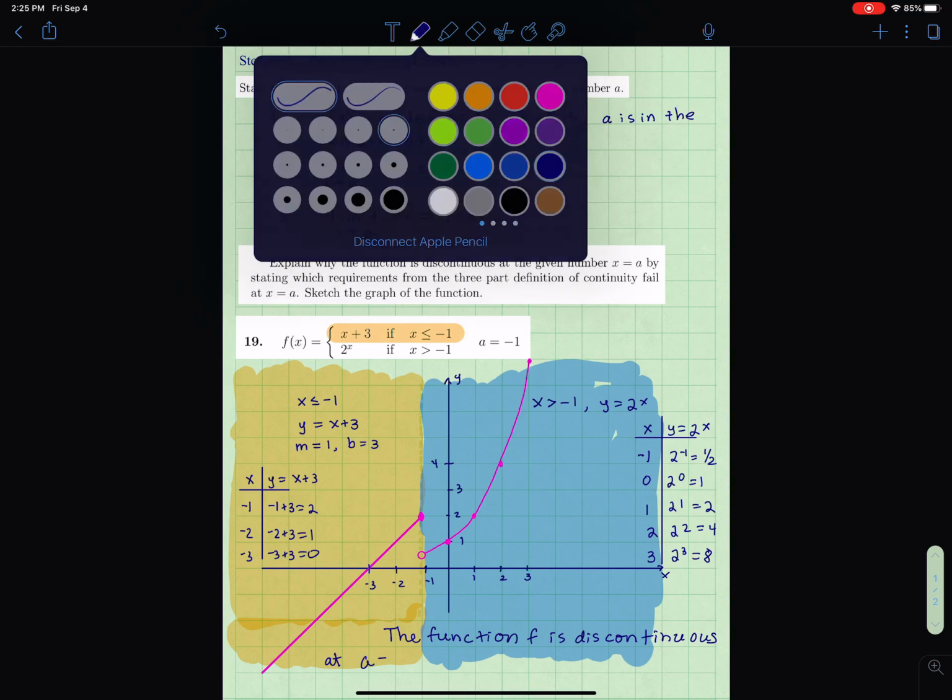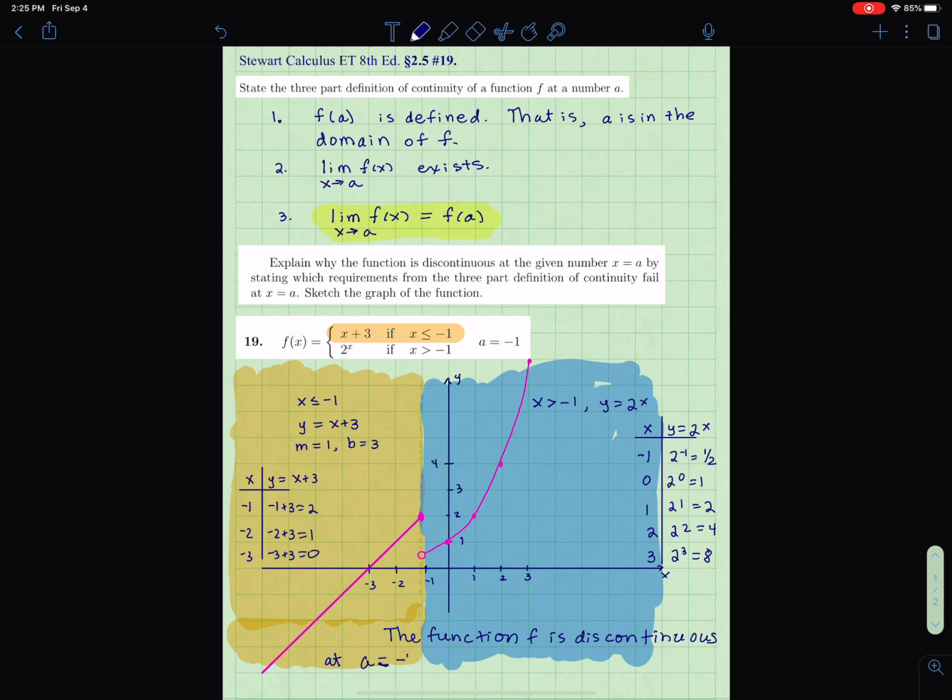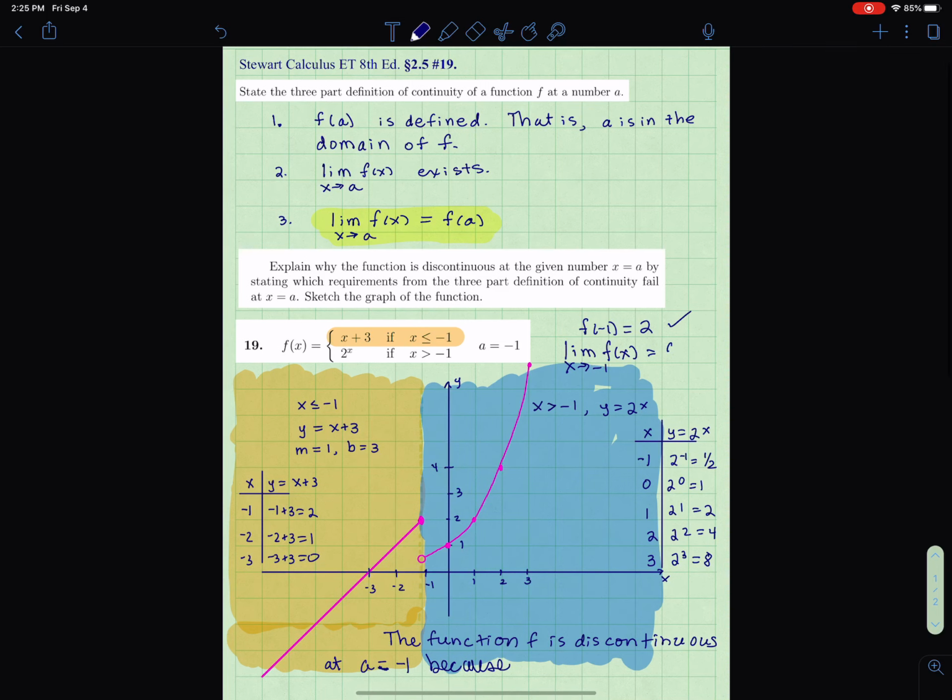Okay. It's discontinuous at -1 because why? Let's go through this piece by piece. f of negative 1 is equal to, if I'm looking at this picture, 2. Got that. And the limit of f of x as x approaches negative 1 is equal to, oh, hold on, it doesn't exist. I'm going to erase the equal. Why doesn't it exist? Because the left and the right hand limits are not the same.